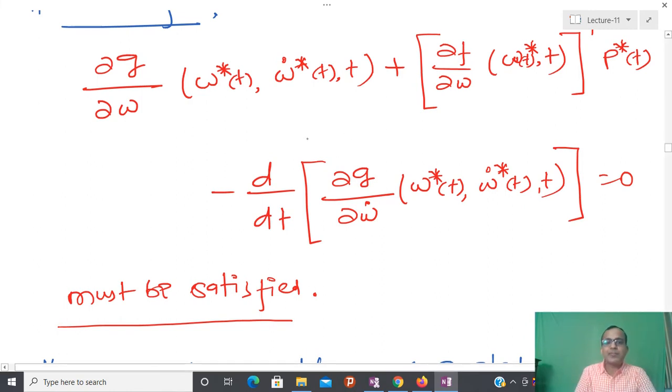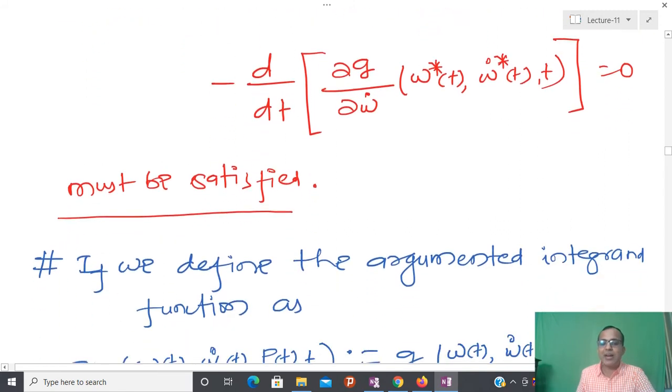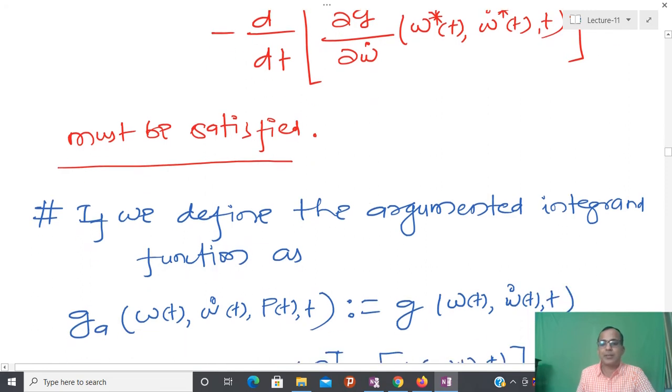Due to that reason I have put the extremal point ω star, ω dot star, and p star. I am assuming that once we are at the extremization point, p(t) has some specific value, which I have defined as p star. At that time ω has some specific value, ω star, and the derivative of ω is ω dot star. So this must be satisfied in order to extremize this function.